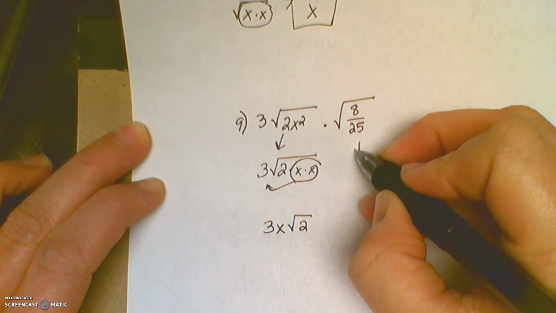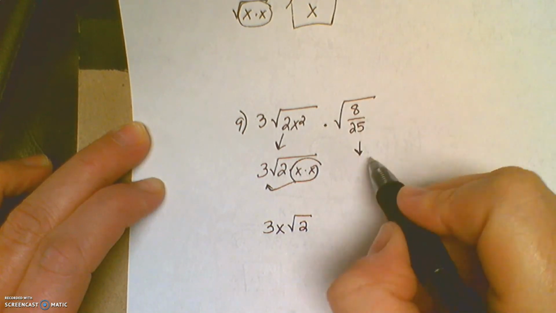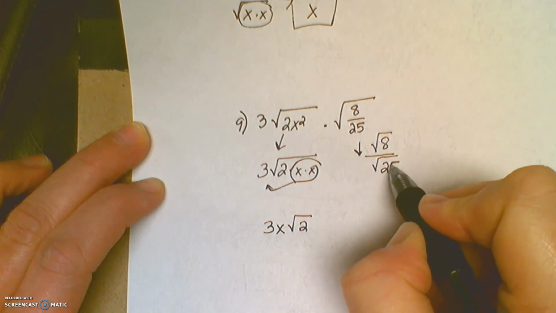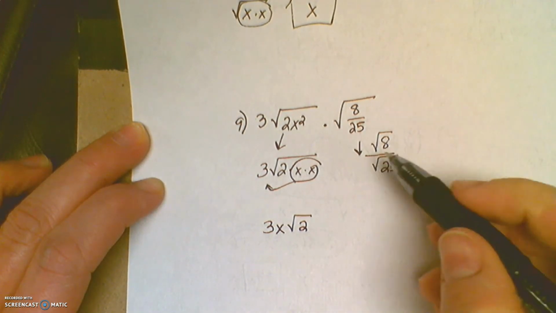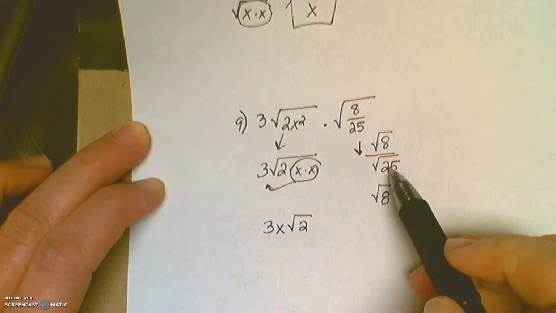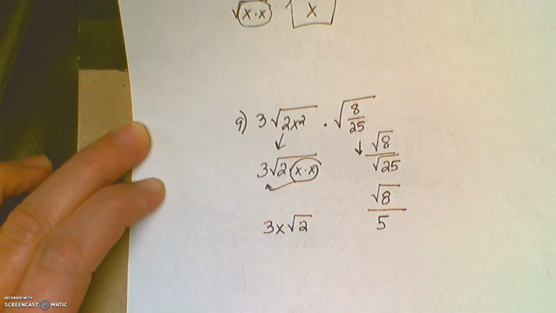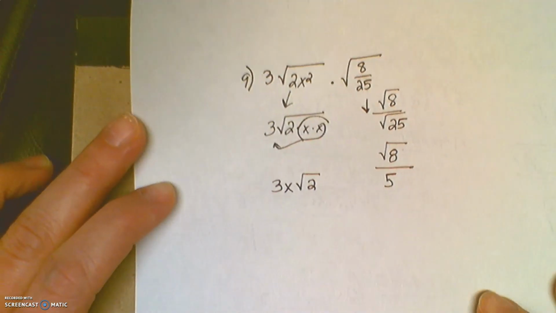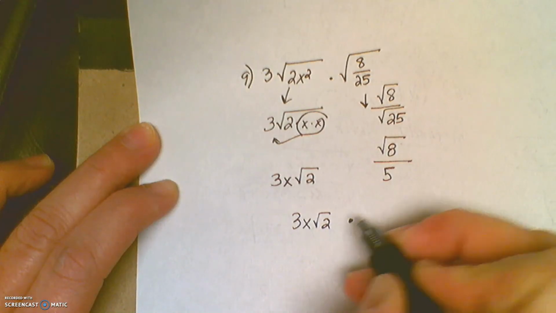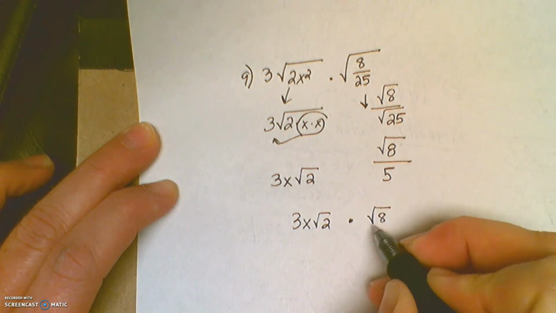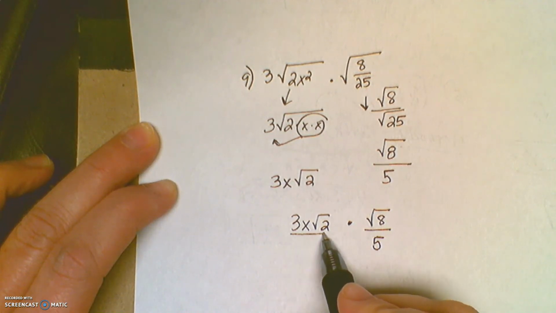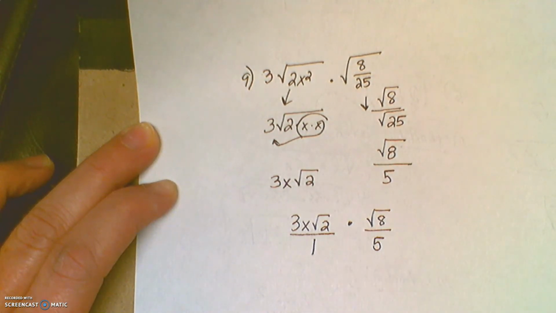Alright, second radical. I'm going to separate the 8 and the 25, square root of 8 over square root of 25. Square root of 8, I'm not going to do anything with it just yet. Square root of 25 is a perfect square, 5. So what we have from the first radical is 3x square roots of 2 times from the second radical square root of 8 divided by 5. We can take the first expression and place it over 1.